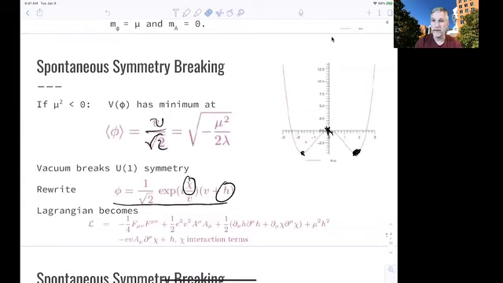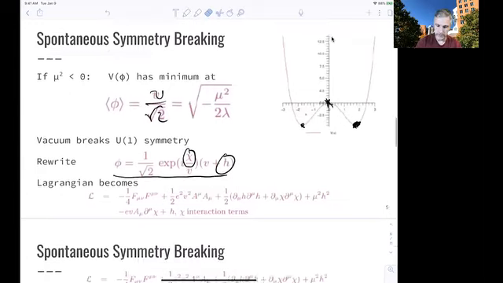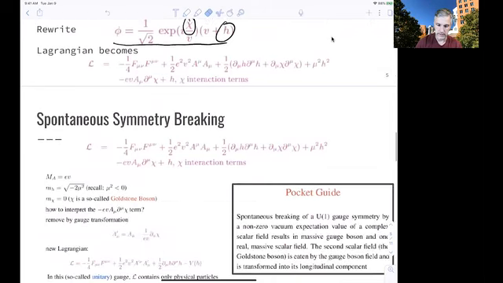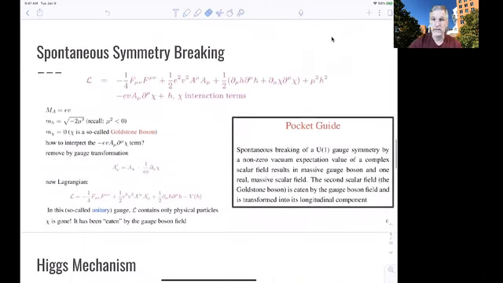Now, if you add this back into your Lagrangian, which is shown here, but also on the next slide, you can start to identify terms which look like mass terms for your particle. And the first one is here, which can be identified as a mass term for our gauge field. The mass is E times V. E times V is the strength of the coupling of this gauge field, E, times the value of the vacuum expectation value.